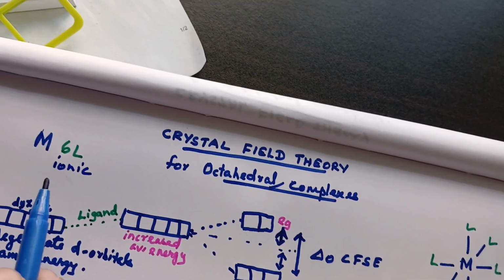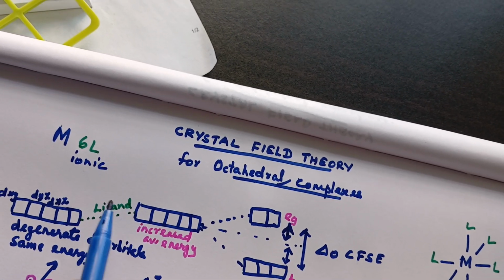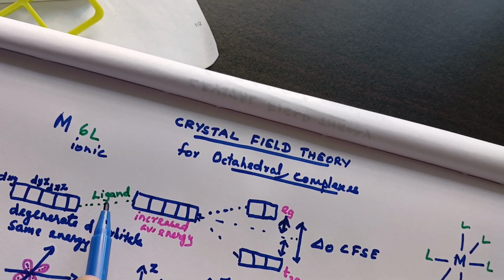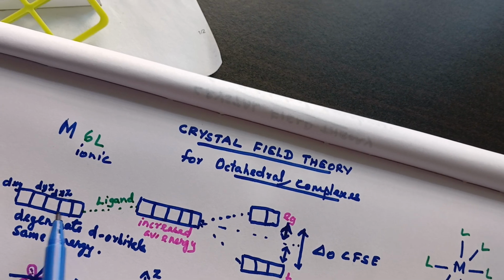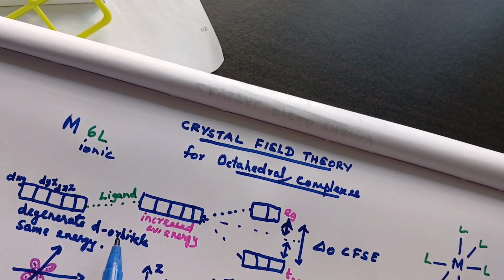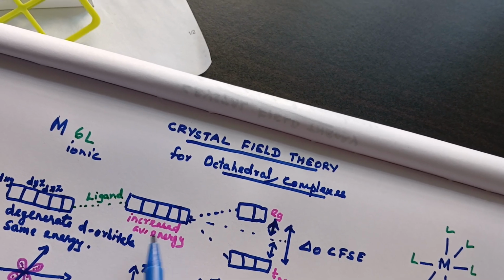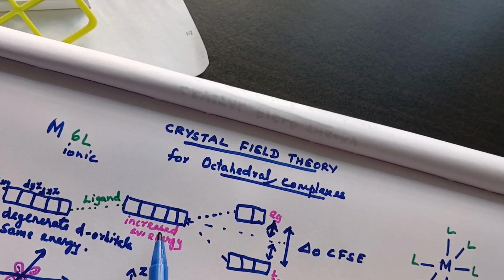Ionic means there are electrostatic forces involved. So when the ligands having lone pairs approach these degenerate d orbitals, they lose their degeneracy and their average energy is increased.